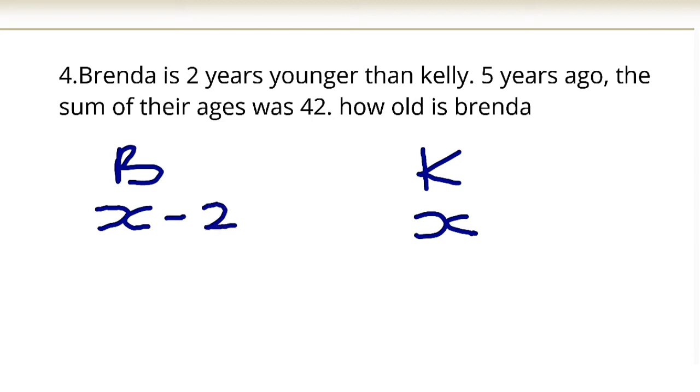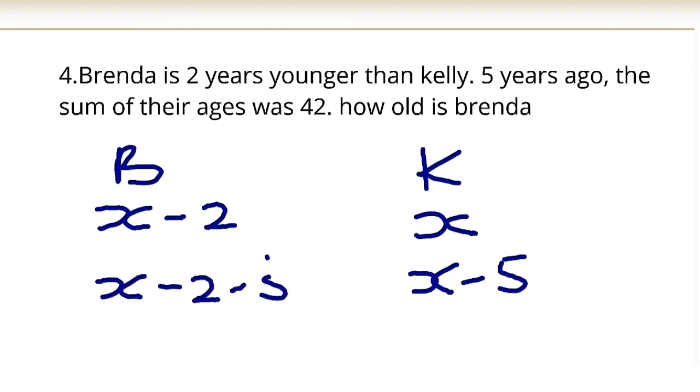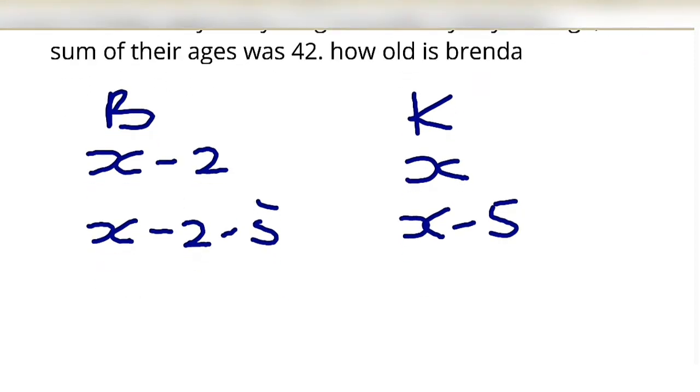What about 5 years ago? Currently Brenda is x minus 2 and Kelly is x years. So 5 years ago Kelly was x minus 5 and Brenda was x minus 2 minus 5, which will now give x minus 7.